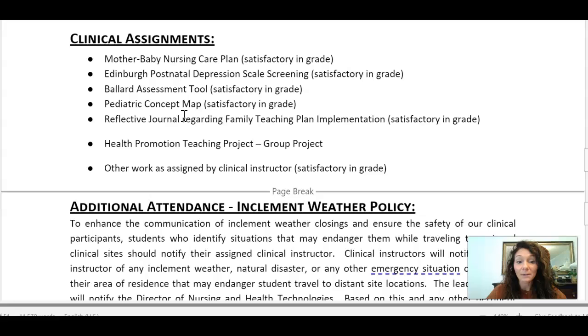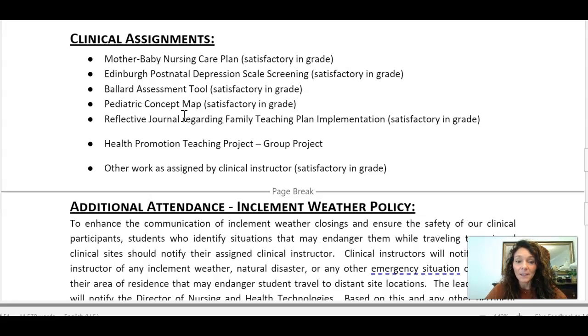Those should be completed prior to leaving the floor. You cannot do an assessment on a patient if you wait until you get home. It has to be done while you are there. The care plan, of course, you can collect your information for and write that up later, but the Edinburgh and the Ballard have to be done that clinical day and turned in at the end of the day.